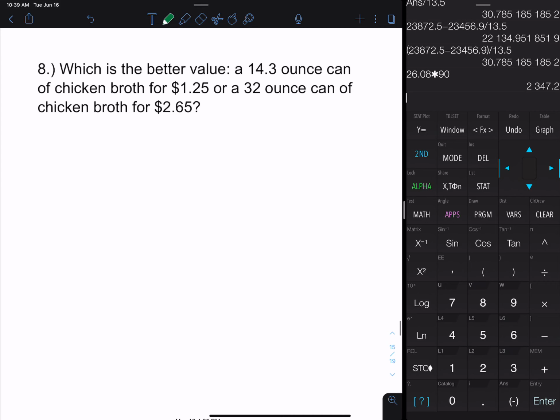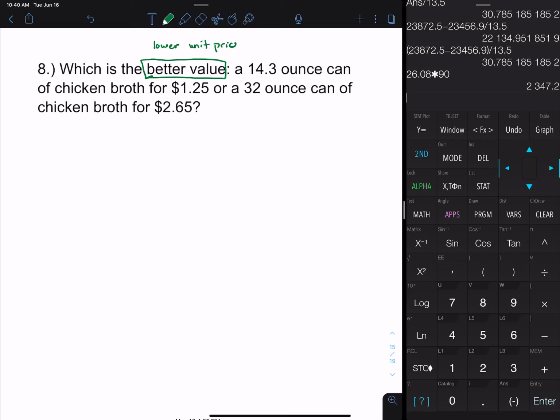Let's look at another example. They ask us which is the better value, a 14.3 ounce can of chicken broth for $1.25 or a 32 ounce can of chicken broth for $2.65. So when they're asking us which is the better value, they're asking us which one has the lower unit price.